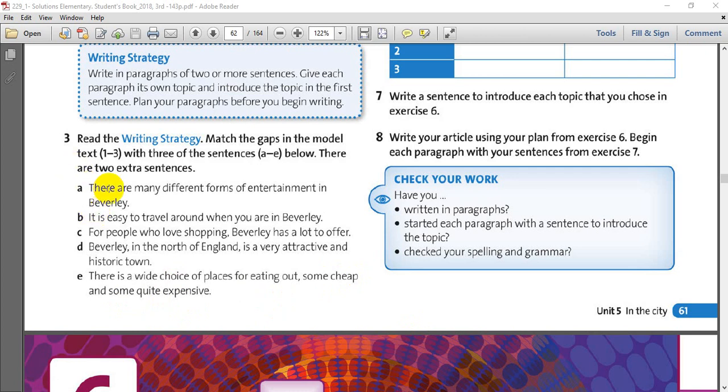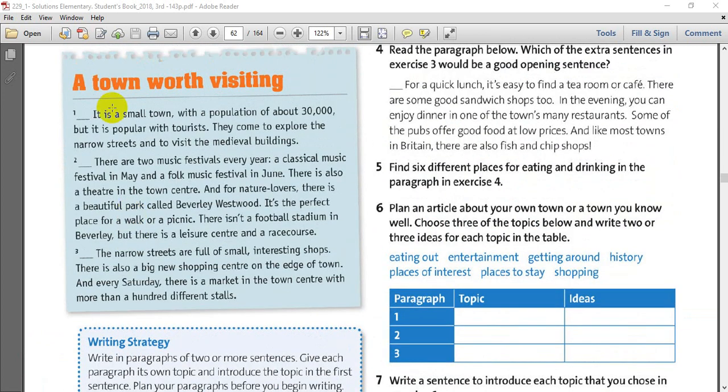Here, A. There are many different forms of entertainment in Beverly. Here, with which number? With number 2. There are 2 music festivals every year. A classical music festival is in May and a folk music festival in June.